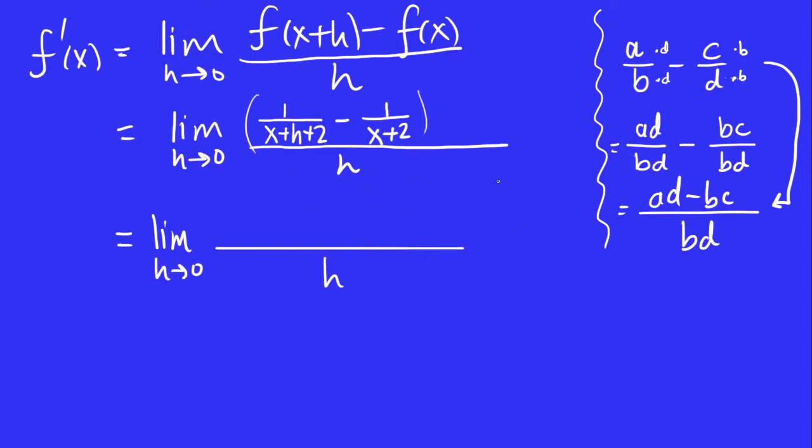So let's think about it with the formula. It's a times d, so 1 times x plus 2, minus 1 times x plus h plus 2, all over b times d, so this times this.